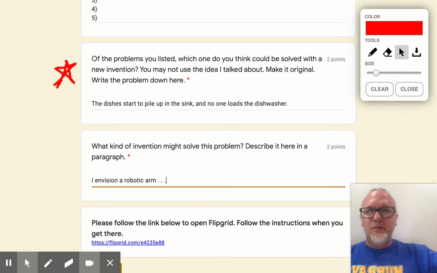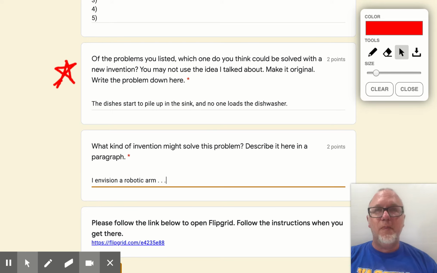and it knows where the dishwasher is. Dishwashers are normally close to the sink, and so the robotic arm could reach over and get the dishes. Before it grabs the dish, it could open up the dishwasher door, and it could automatically load our dishes.